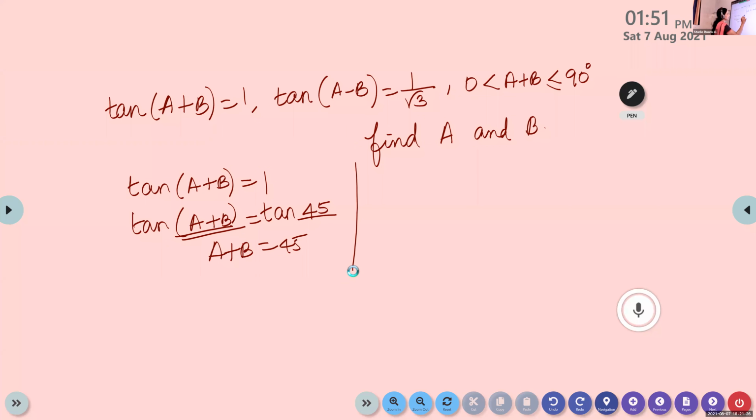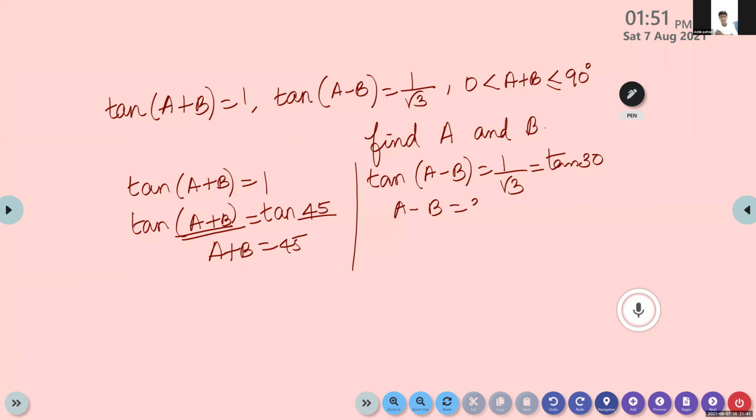Same way, tan of A minus B is 1 by root 3. In tan, for which value will we get 1 by root 3? Tan 30. A minus B is 30. So these are the two equations. Solve this and find out what is A, what is B. A is 45, B is 15.